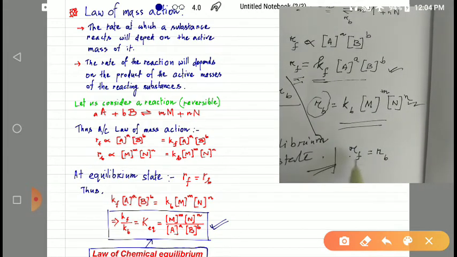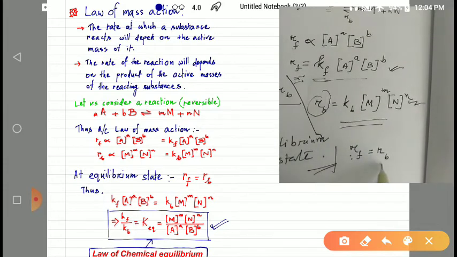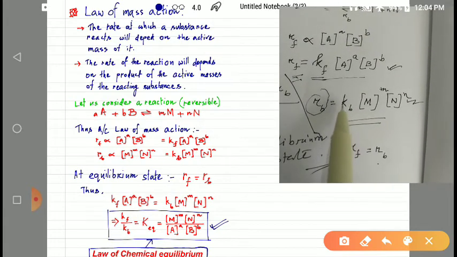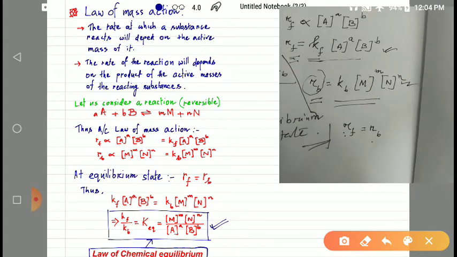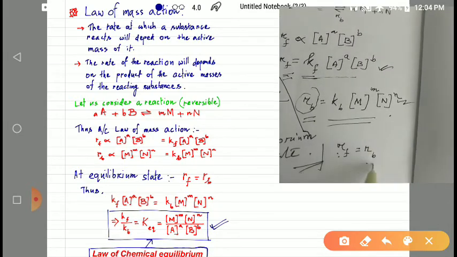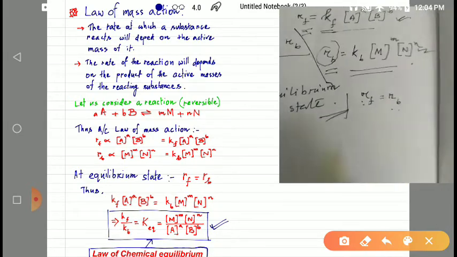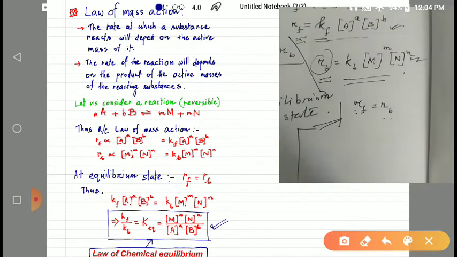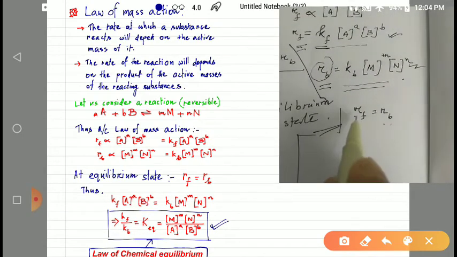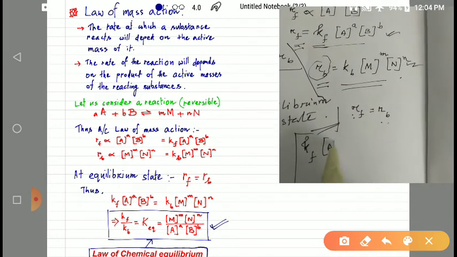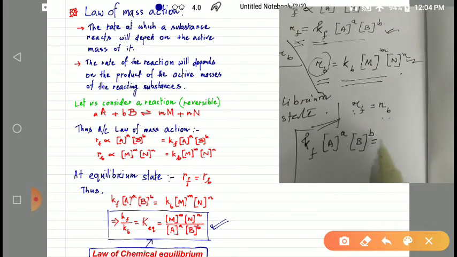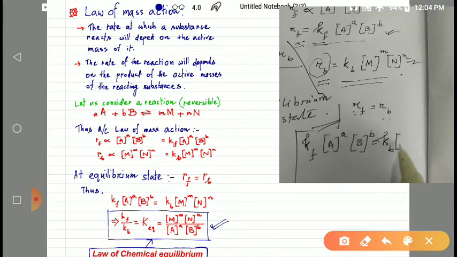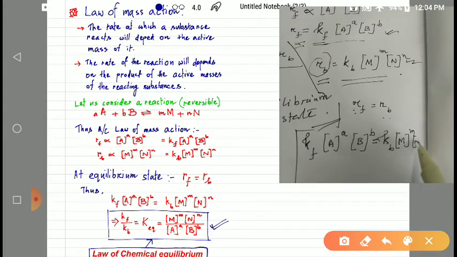So we can substitute the value of the forward reaction rate on the left-hand side, and on the right-hand side we substitute the value of the backward rate. So, Kf [A]^a [B]^b is equal to Kb [M]^m [N]^n.